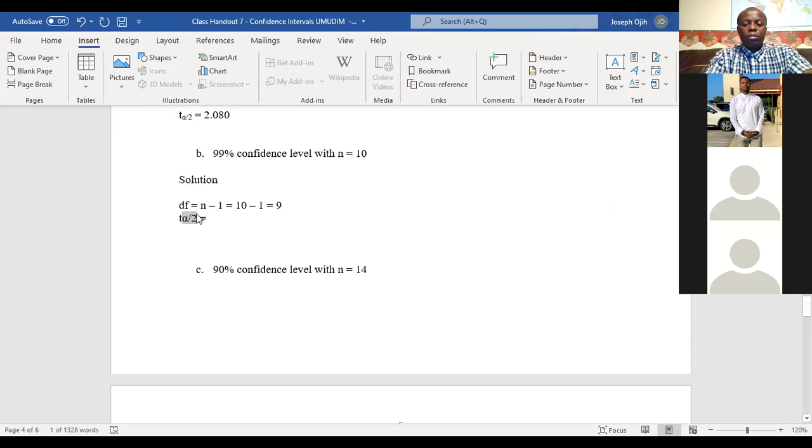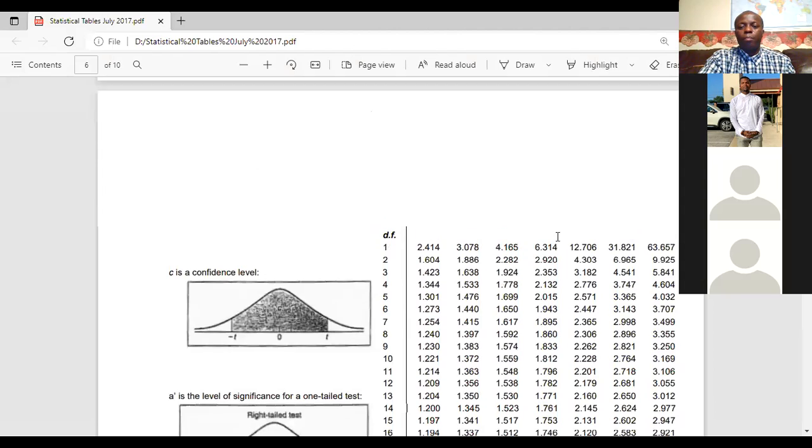For 99%, that means your chance of being wrong is 1%. So you go under that table and look for it under the degree of freedom of 9.